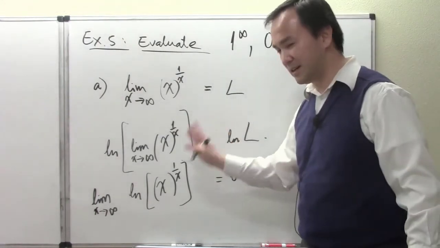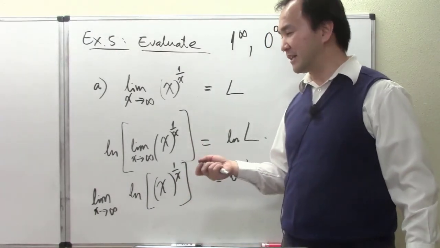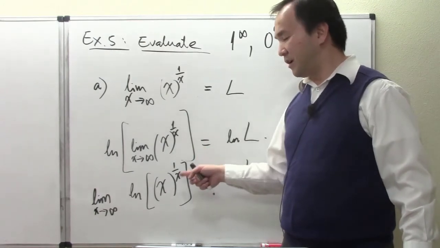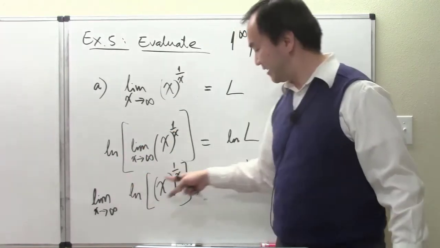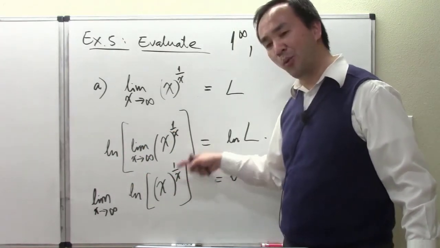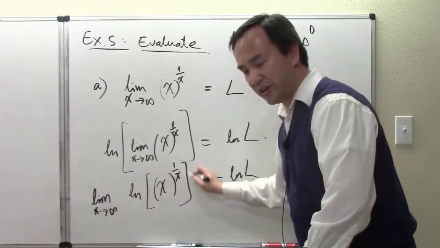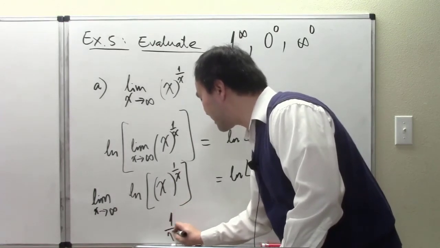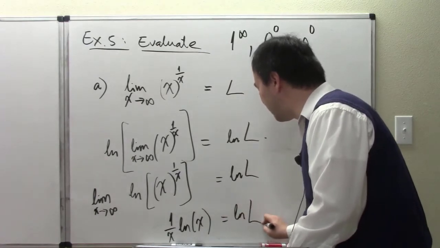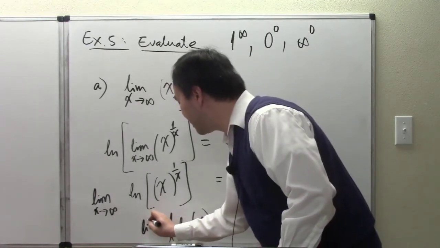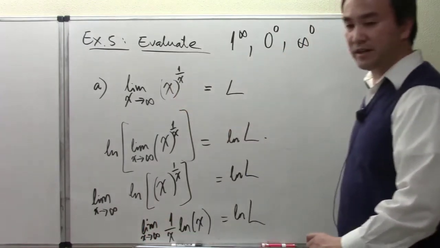We have learned this in logarithmic differentiation, through deriving a lot of functions using logarithms. The idea is that a logarithm can bring a power down in front, leaving only a power 1. So in my next step, this expression turns into 1 over x times natural log of x, and that equals natural log of L, and we still have a limit problem as x approaches positive infinity.